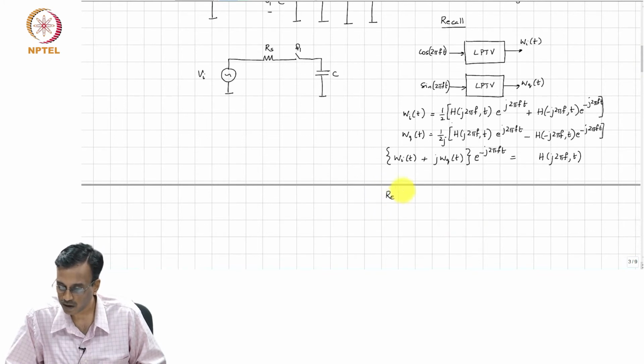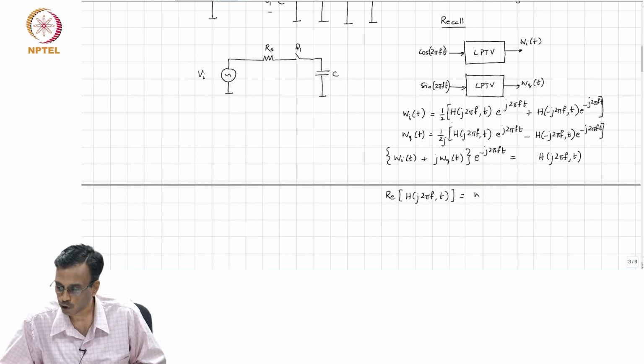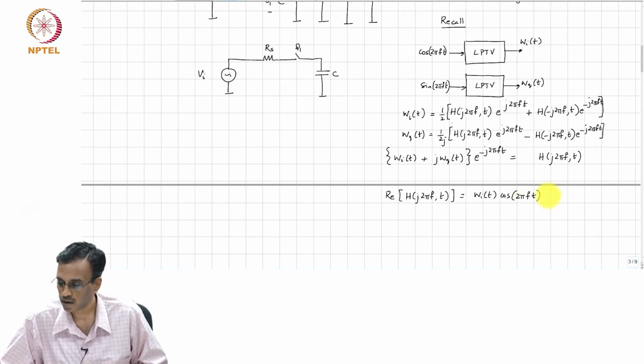The real part of h of j 2 pi f comma t is nothing but Wi of t cos 2 pi f t plus Wq of t sin 2 pi f t.